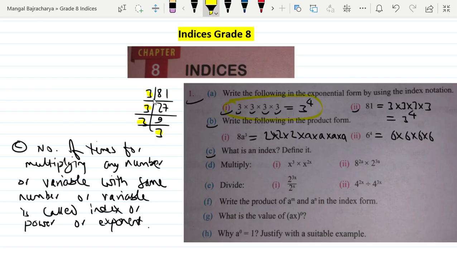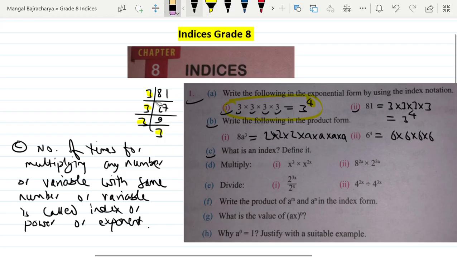So 3 has been multiplied 4 times and it is written by raising the power 4 like this. So that we call index, or exponent, or power, right? Okay, so number C we understood.